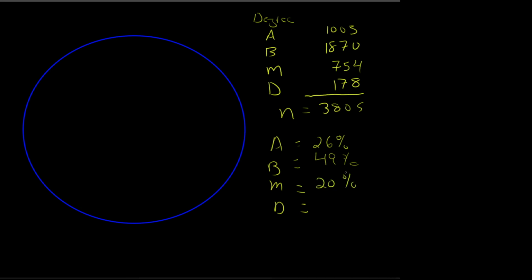And 178 divided by 3805 is approximately 5%.